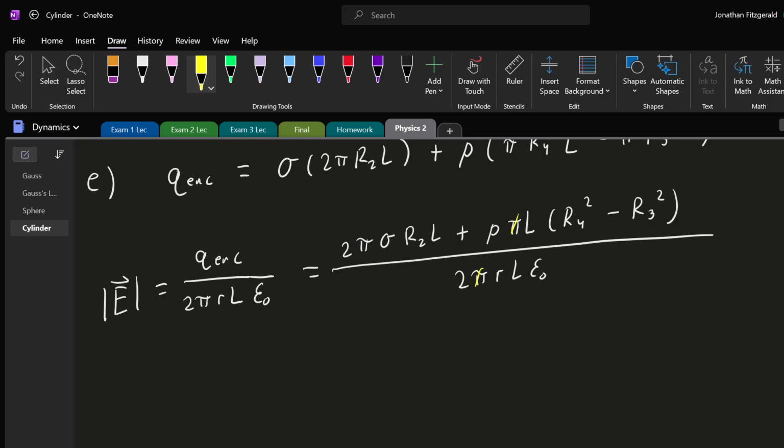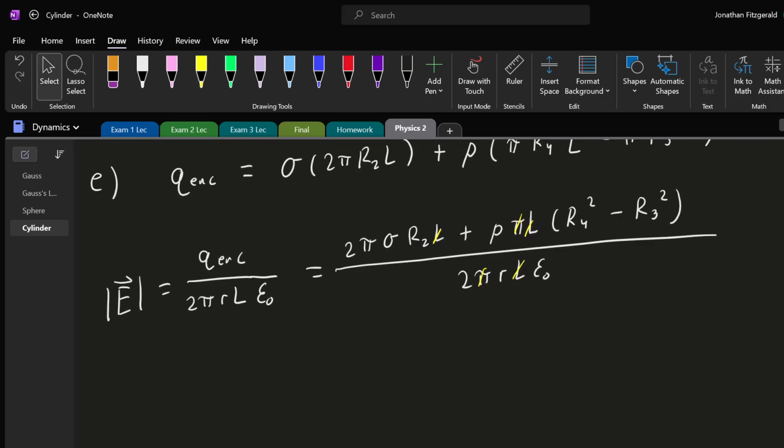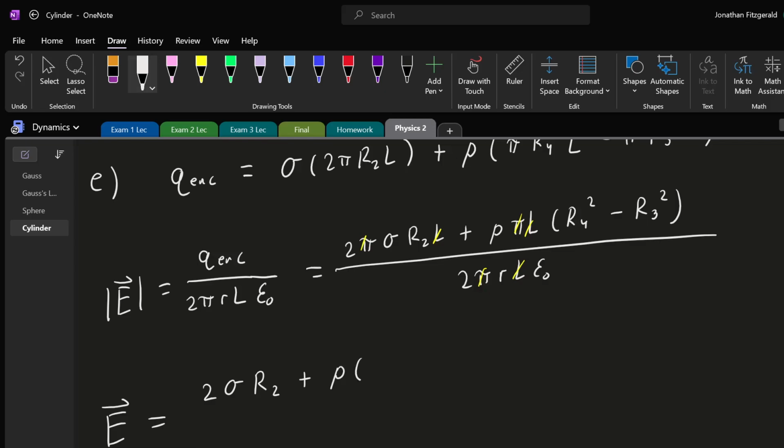Again, we can cancel pi, cancel L. Okay, final answer for this part would be electric field equals 2 sigma R2 plus rho times R4 squared minus R3 squared, divided by 2 r epsilon naught, add unit vector r hat.